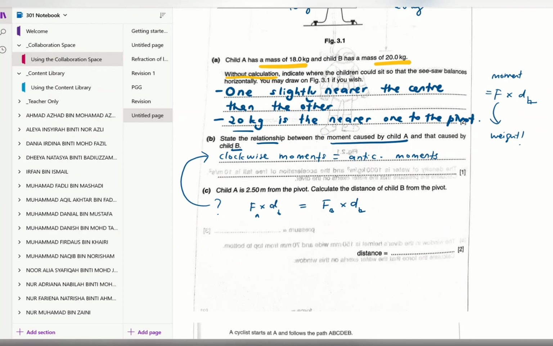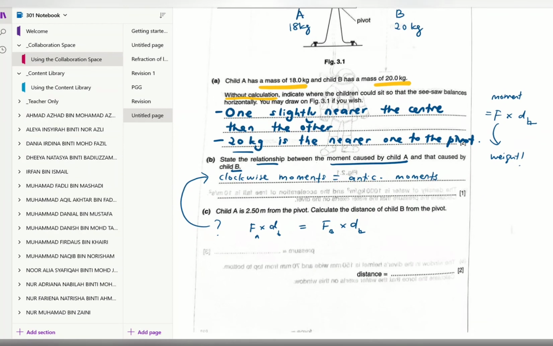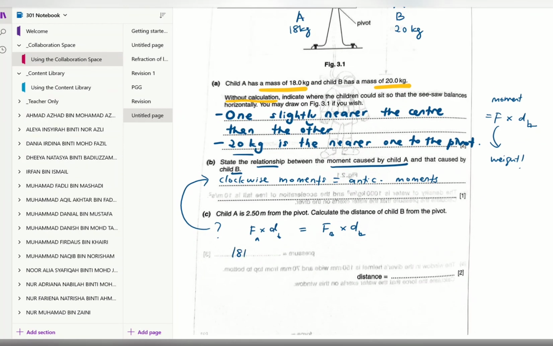For now I just use the mass. You don't need to find the weight because the kg can be cancelled out. Otherwise, FA actually is 180, FB is 200, but you can just use the mass because it can be cancelled out.